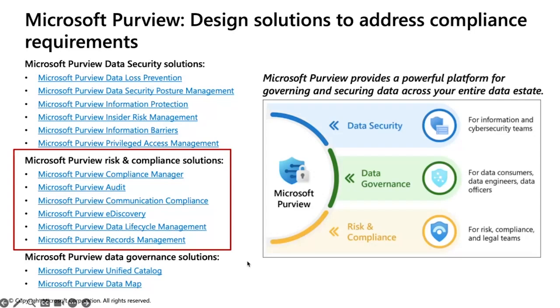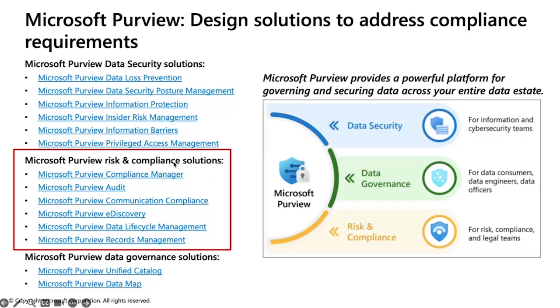These are three different categories. For the first one, data security: data loss prevention, DSPM (data security posture management), information protection, insider risk management, information barriers, and privileged access management all come under data security solutions.